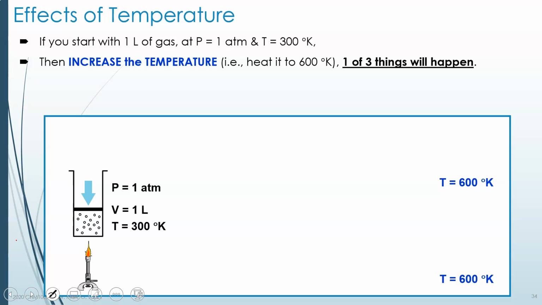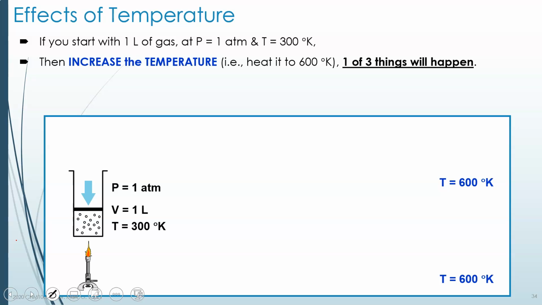But if I was using centigrade or Fahrenheit, I could not say doubling if I was going from 300 centigrade to 600 centigrade. That would not be doubling because remember, Kelvin starts at 0. Centigrade and Fahrenheit do not start at 0, so you can't just simply say that a twice as large number in Celsius or Fahrenheit is twice the temperature. It's just not true. But you can say that for Kelvin.